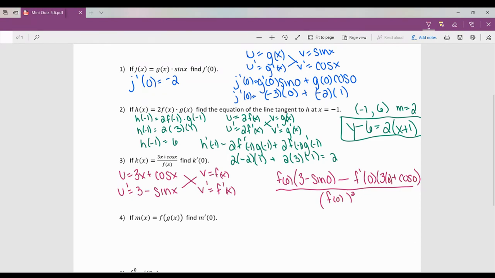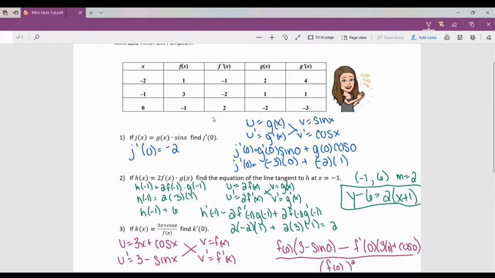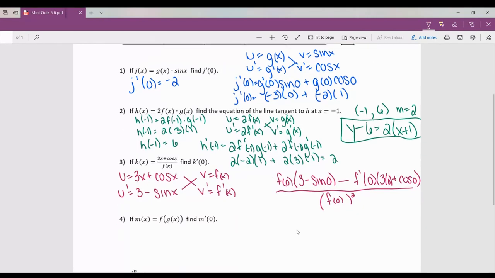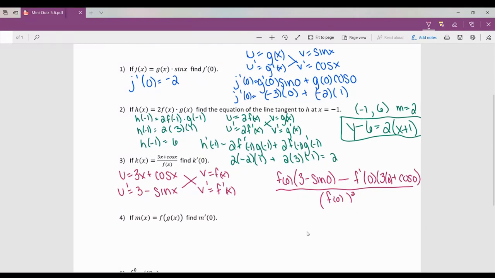Okay, so now I evaluate this. So I'm going to scroll up: f of 0 is -1. So that's going to be a -1 here, and then also a -1 squared on the bottom. All right, 3 minus sine of 0.